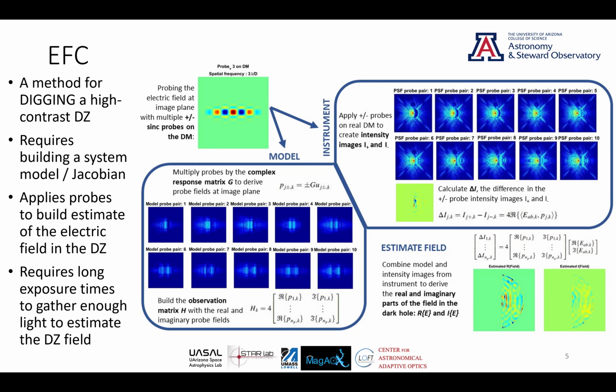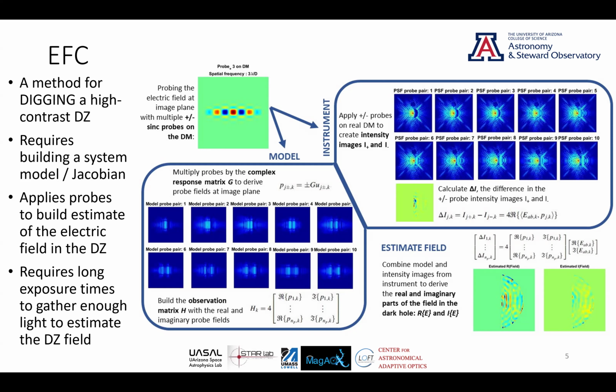As an observer, if you are taking long observations in order to detect any photons from an exoplanet in that dark zone, which is the whole purpose of that dark hole in the first place, throwing light back in to probe the field and reinitialize EFC utterly destroys your observing run. So EFC, for that reason alone, was kind of a non-starter for maintaining the dark hole high contrast.